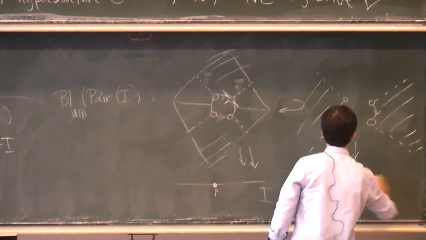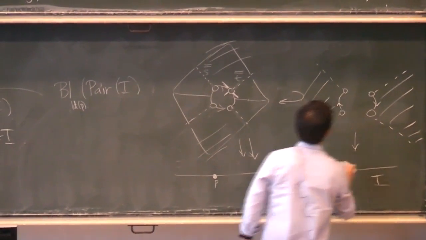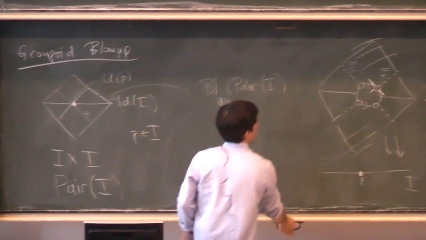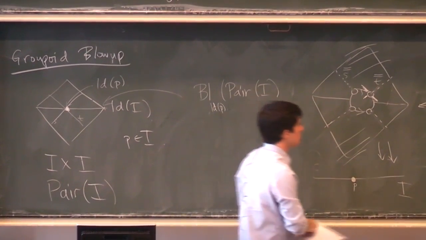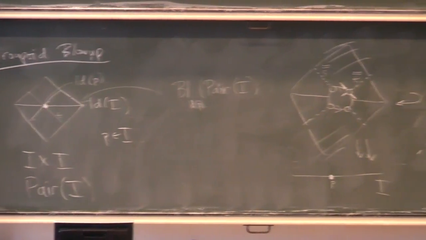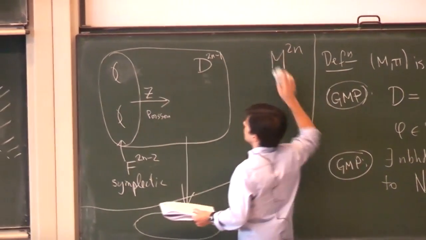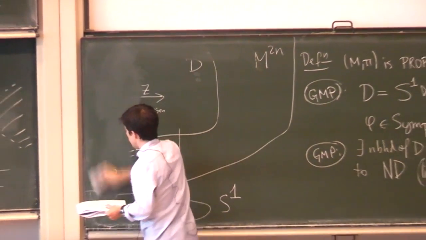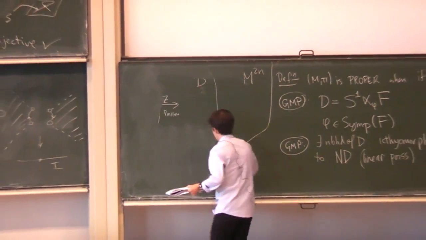So this is now a groupoid over the interval, like this. This is an example of a blow-up groupoid, a groupoid obtained by blowing up, where the important point is that I blew up a subgroupoid.